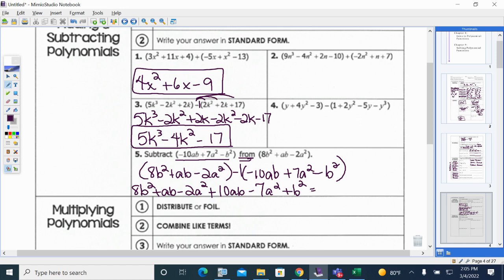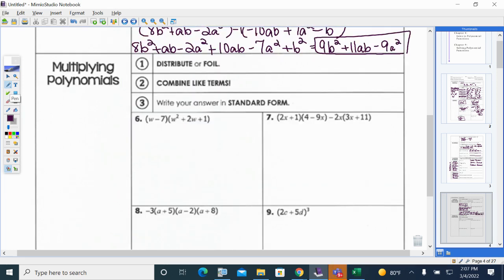Order doesn't matter. I am going to start with the b squares. 8b squared plus 1b squared is 9b squared. And then I'll do my ab's. 1ab plus 10ab is a positive 11ab. And then the a squares, negative 2a squared minus 7a squared, will be a negative 9a squared. So there's the answer for that one.